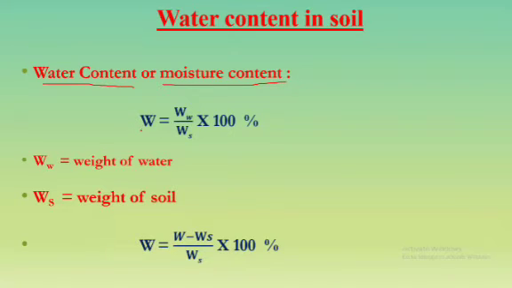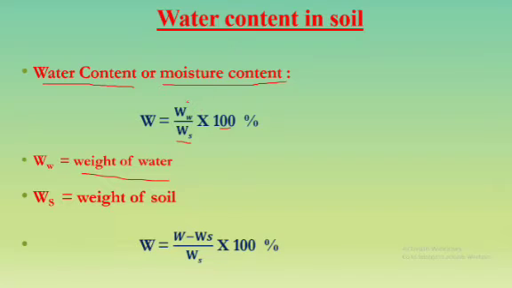This water content is given as the weight of water divided by the weight of soil, multiplied by 100, that is, in percentage. So Ww is the weight of water and Ws is the weight of soil.